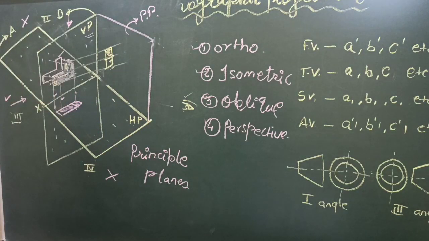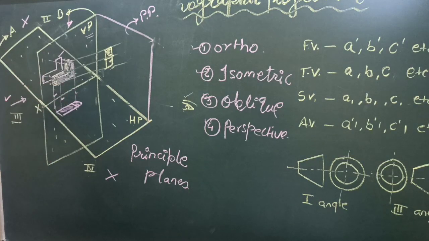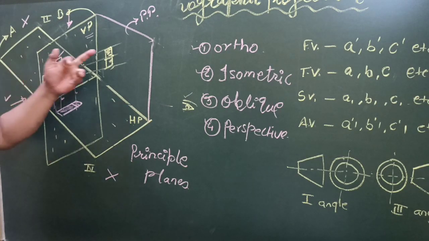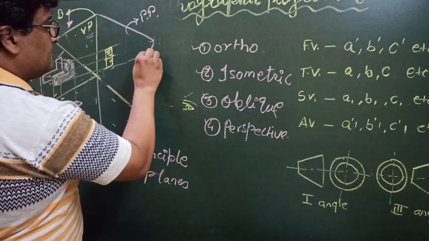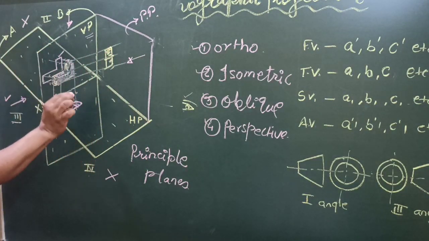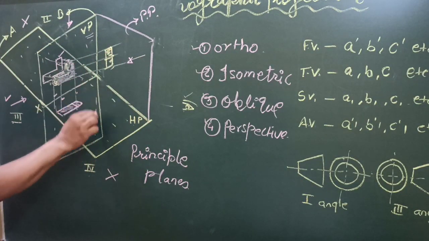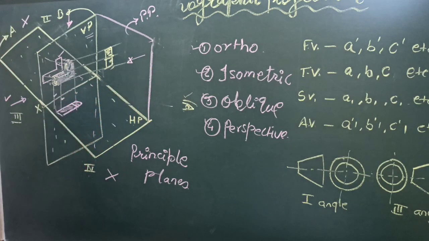Right? Now let us talk about some more things as far as these views are concerned. We are looking from this side and drawing the side view. If we are looking from this side and drawing the view on a plane which may be here, that will be called a right side view.